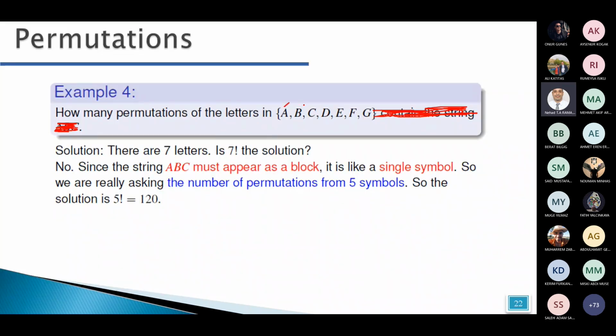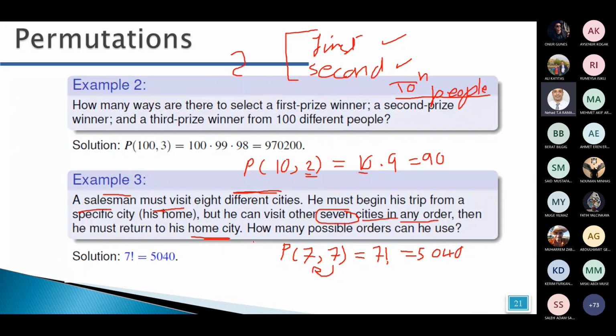It's 7. 1, 2, 3, 4, 5, 6, 7. For which one do you ask? Here? You mean here, why it's not 8? This question? Because the 8th city is his home. He needs to know the order. You are at this city. How many cities do you still have? You still have 7 cities.